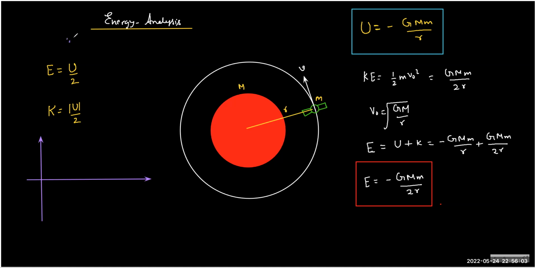Since the total energy is negative, the system will remain in the state perpetually. In a way, they are under debt and cannot be free from each other. So the satellite will be bound to the earth forever, till both exist.